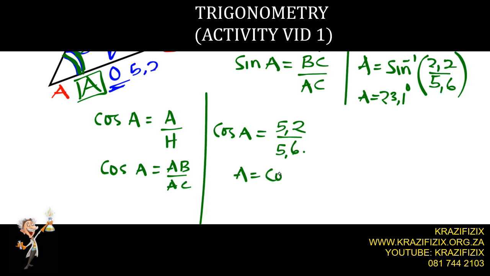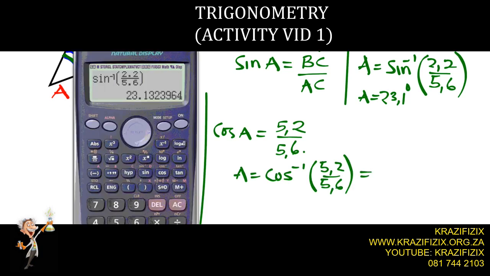A equals shift cos 52 over 56. Shift cos 52 over 56. Alright, we have 21.78, which is about 22.